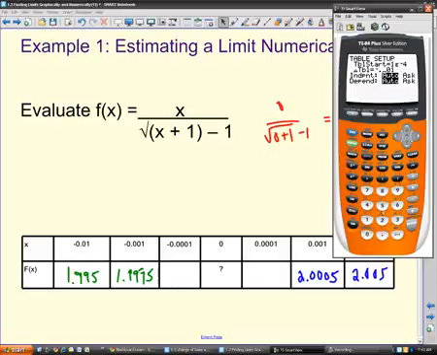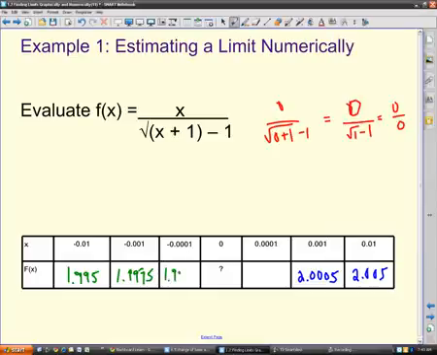Now if I go to my table, well, there it is, that number right there. It looks like it should be 1.9995. It's an extra 5, an extra 9, and this one gets an extra 0, and you could see it on the graph. Let me go back to it.